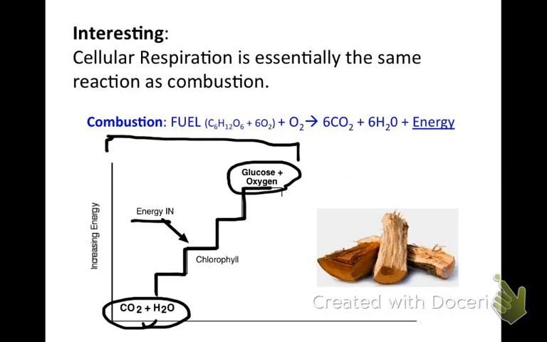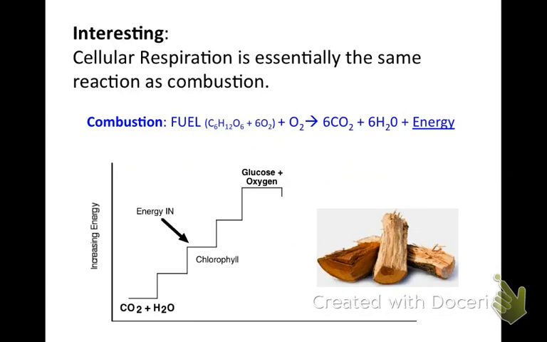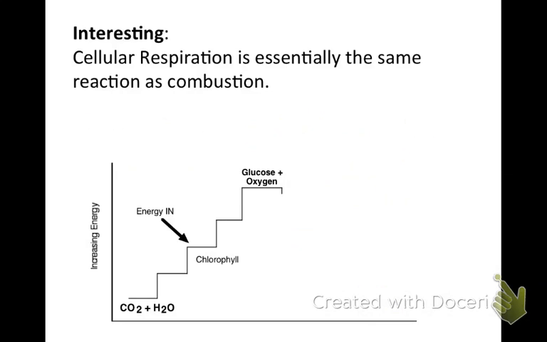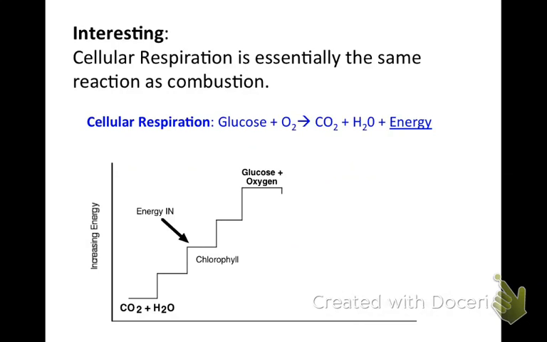Now, when we have a combustion reaction, as you can see on the graph, this glucose is at a pretty high energy level. And when it burns, all of that energy is just released at once. And so when it's all released at once, that's when we're going to get fire. So this is how combustion and cellular respiration are different. With cellular respiration, we're going to have that similar equation, but we're going to be doing it in steps.